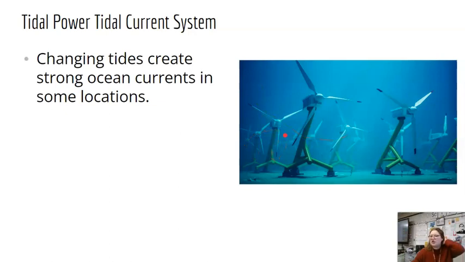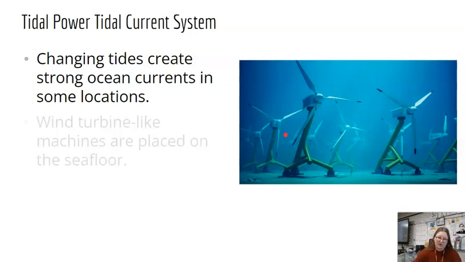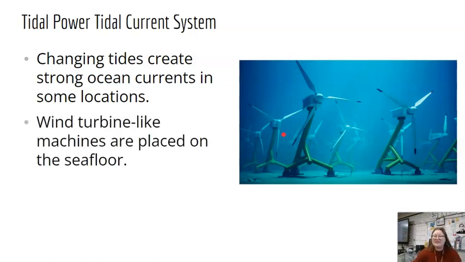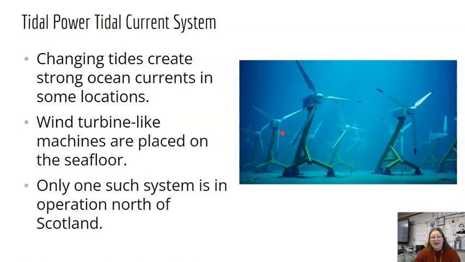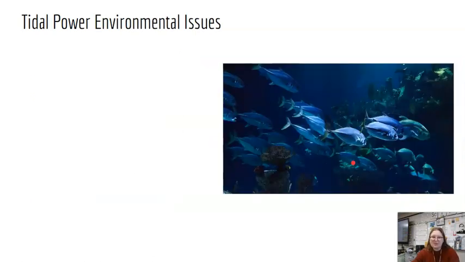Changing tides create strong ocean currents in some locations. Again, we are limited in where this can happen, but in some locations, that movement of the tide in and out is a really strong movement of water. And wind turbine-like machines can be placed on the seafloor. Only one system like this exists, and that's north of Scotland. But it's kind of cool.